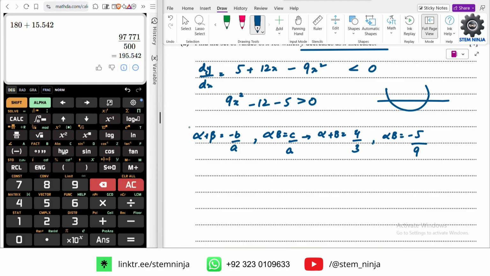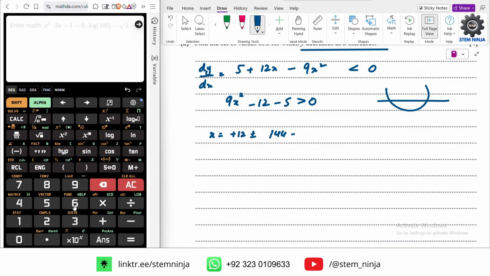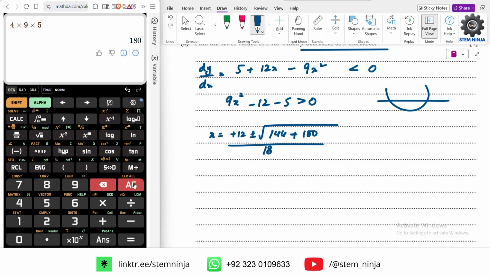So basically, obviously, we cannot do this with the sum and product rule because the roots will not come out to be integers. So basically, we can solve this quadratic equation. So x would be minus b plus minus the square root of b squared minus 4ac, 4 times 9, 36 times 5, minus minus would become plus 180, divided by 2 times 9, 18.